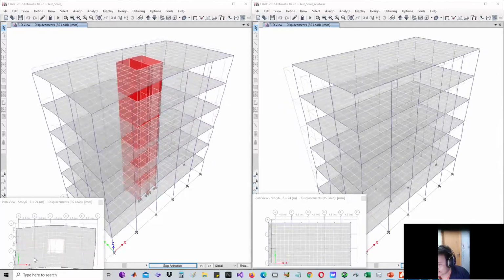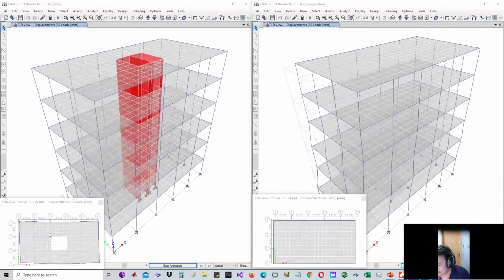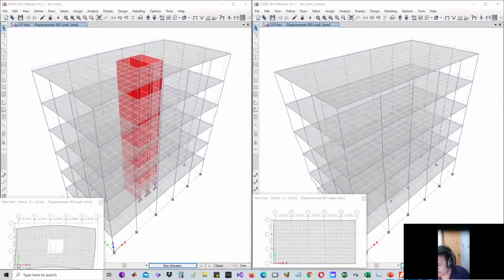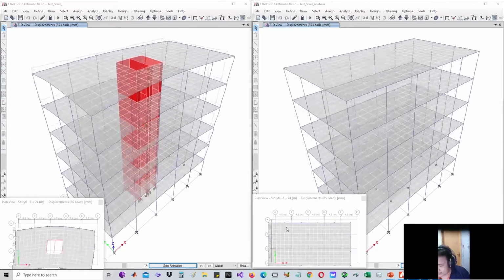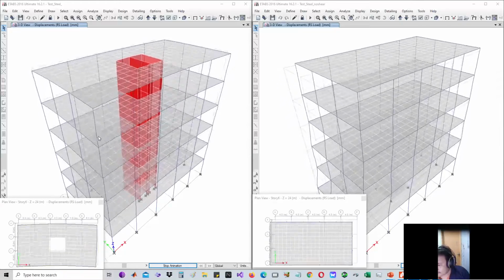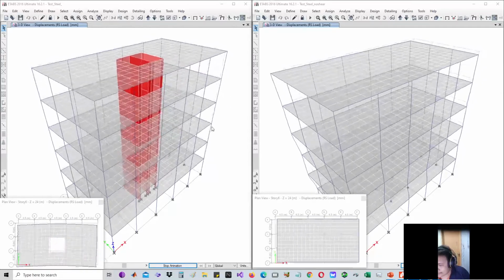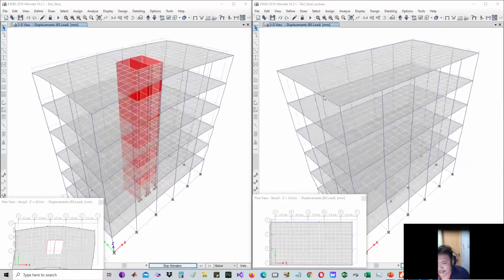Napansin nyo dito, this is the movement, di masyadong sumasayaw ang building, di masyado yung displacement niya dito. As you can see, compared to this one is much higher. And as you can see the columns here, mapansin nyo naman na hindi masyado stress, unlike dito.